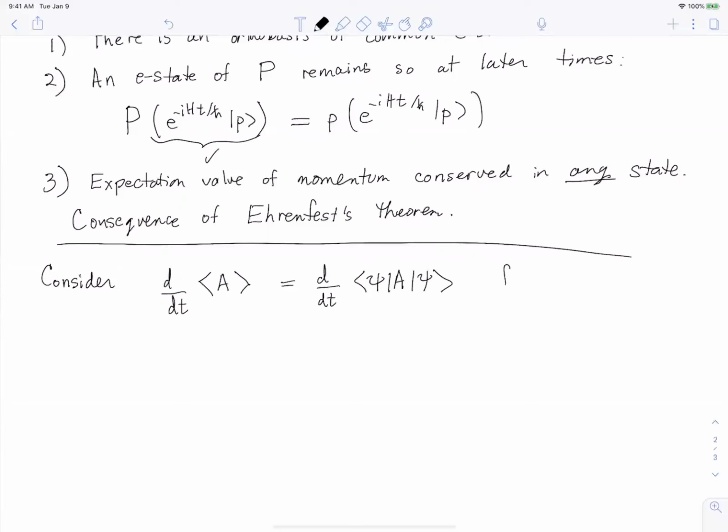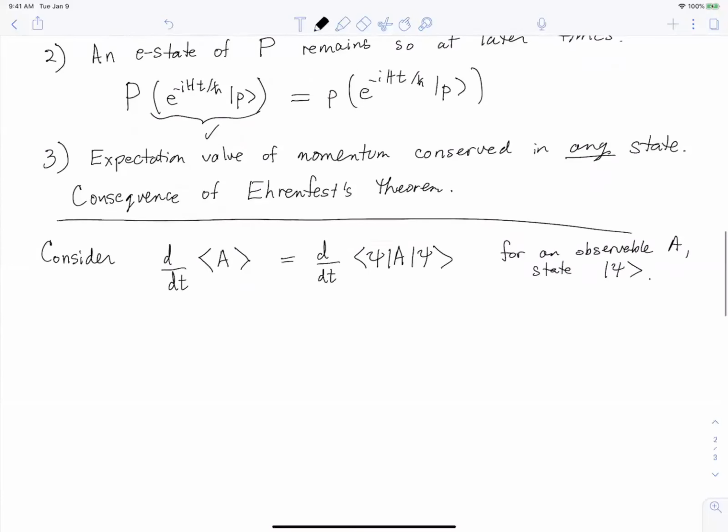Okay, and this is for an observable A and some state psi, where the expectation value is to be defined.